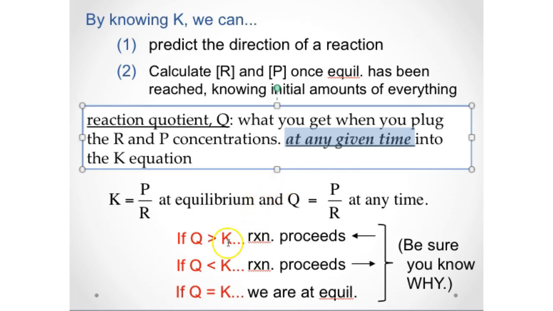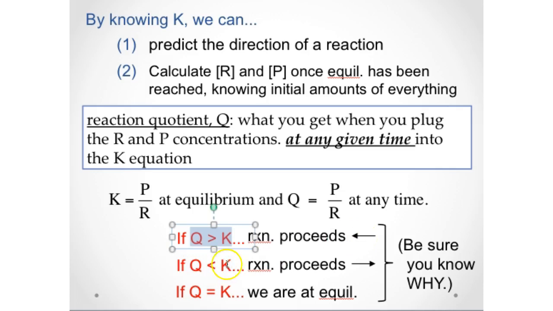So what we do is we calculate Q, and we compare that to the actual equilibrium constant. If Q is larger, or in this situation K is smaller than Q, then the reaction is going to shift to the left until the reaction establishes equilibrium.